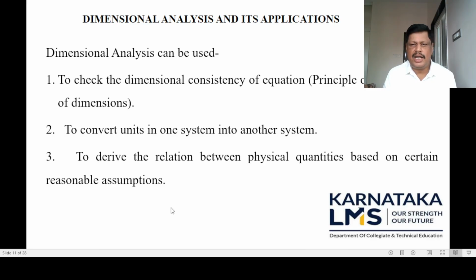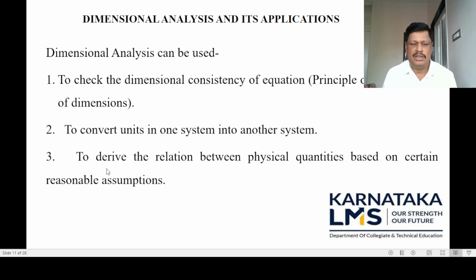Dimensional analysis and its applications. Why do we have to study the dimensional formula and dimensional equation? Dimensional analysis can be used to check the dimensional consistency of an equation using the principle of homogeneity of dimensions. It is also used to convert units in one system into another system.